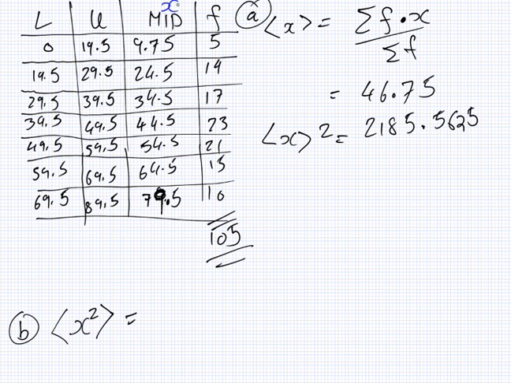Now, for part B, we'll need to know the average of the data that's been squared. So that means we have to calculate x squared. I'm not going to write another column in for x squared. On my calculator, I'm going to do the same thing I did before, except instead of writing x, I write x squared.